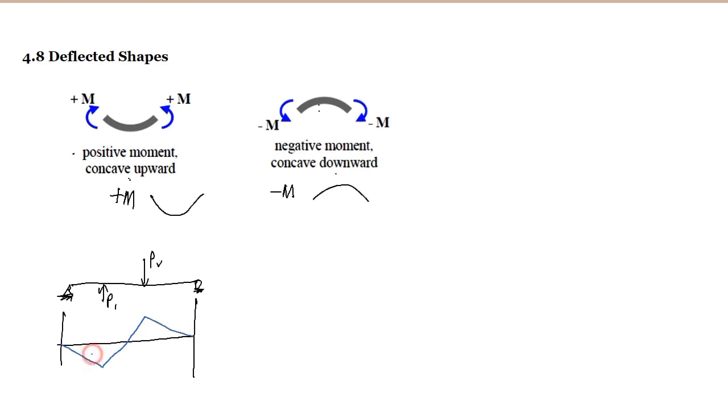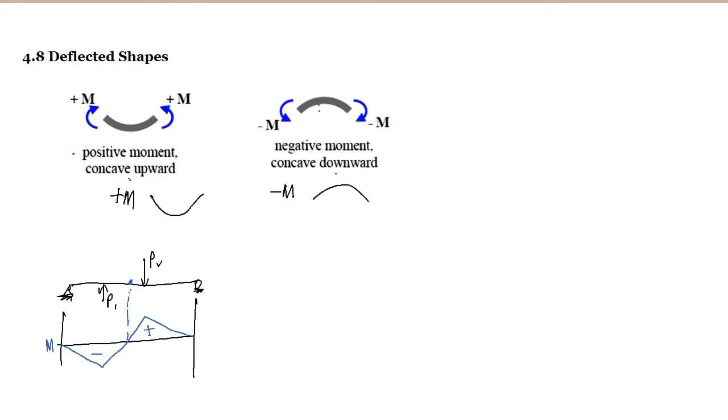As you can see here, we have the negative moment and this is the positive moment. So meaning, if this is the moment diagram, at this point wherein you have the zero moment, no?